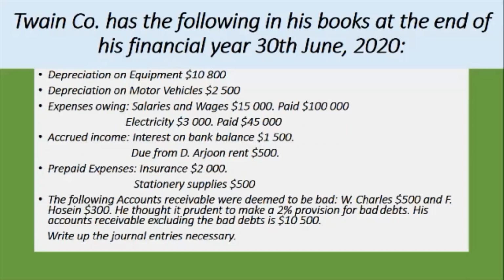Now, how the process is usually done: after you finish at the end of the year, you will go through your books and see which items need adjusting, and you will make a list of them like I have here, and then you will write the entries in the general journal to correct or to adjust those balances.